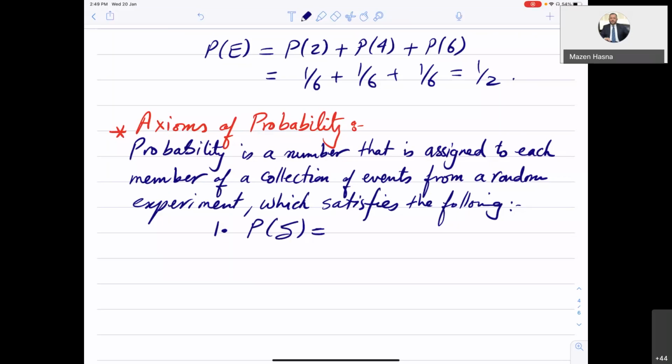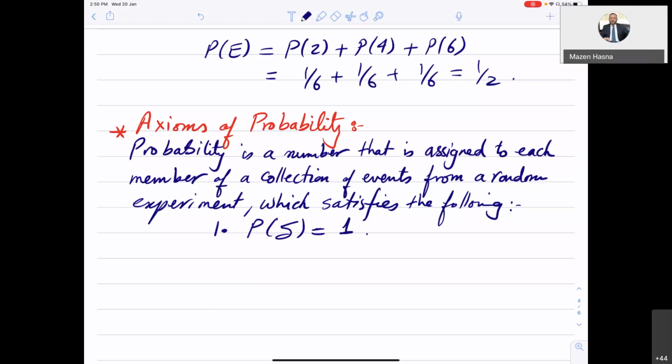What do you mean by the probability of the sample space? Means that the probability that when we run a random experiment, we get an outcome from the sample space. What's this probability? It should be 100, right? Should be 1, which is the ratio is 100, but in absolute sense, probability is 1.